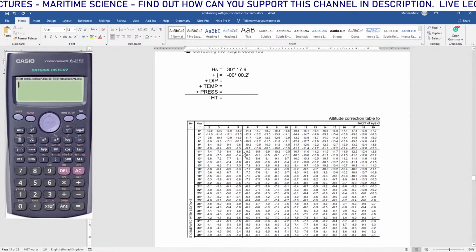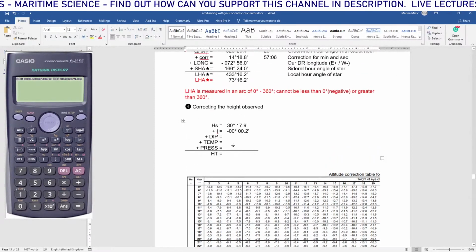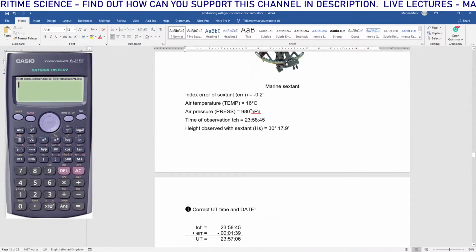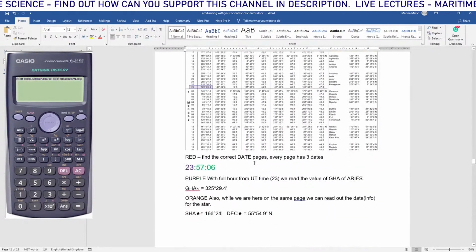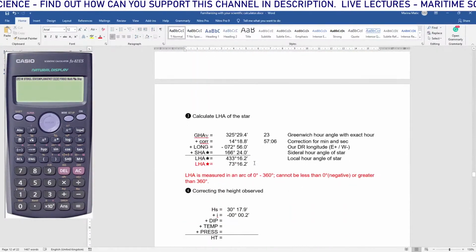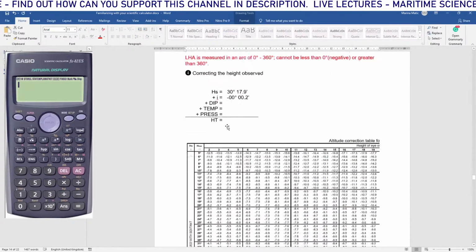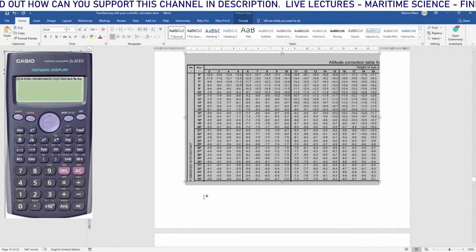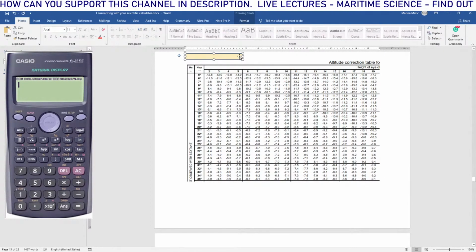Here we are. Okay, so we have height of sextant 30. Height of eye was 16, I hope. Let's go back a little. Yes, it was. No, it wasn't. Where is height of eye? 16. Okay. Height of eye is 16. Let's cheat. Let's copy this and paste it here. Paste. And let's look.